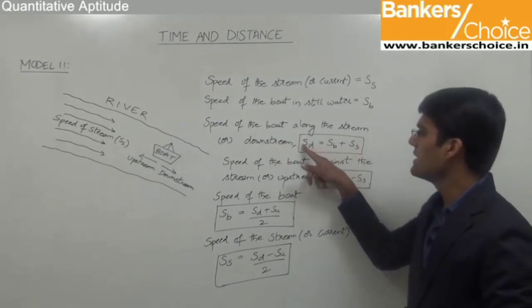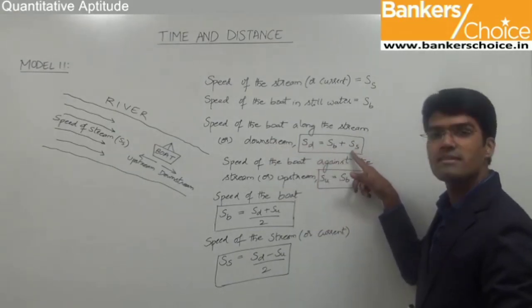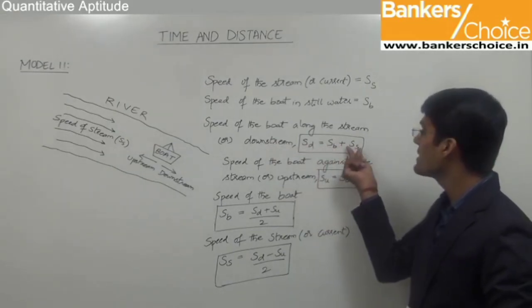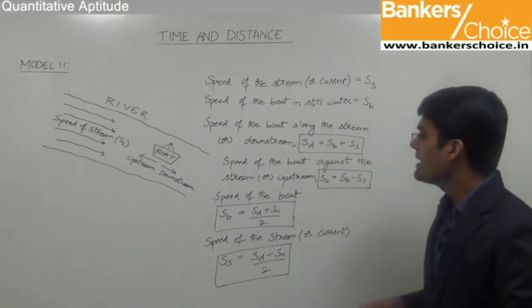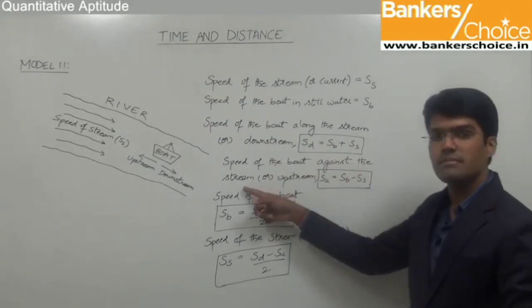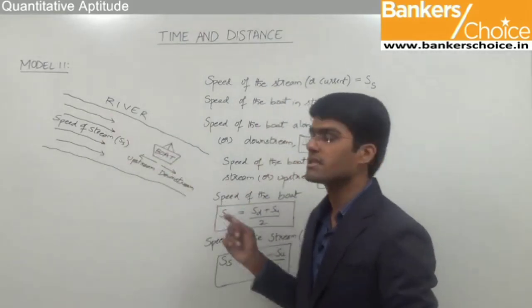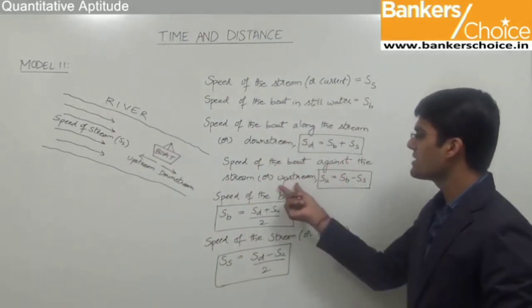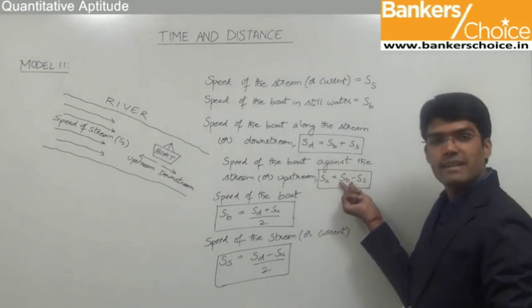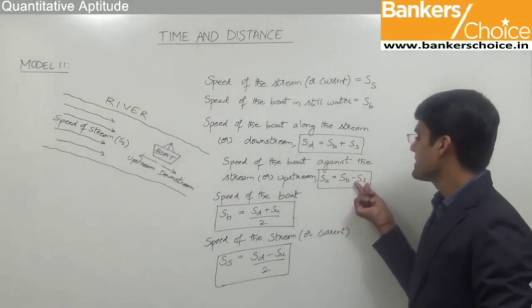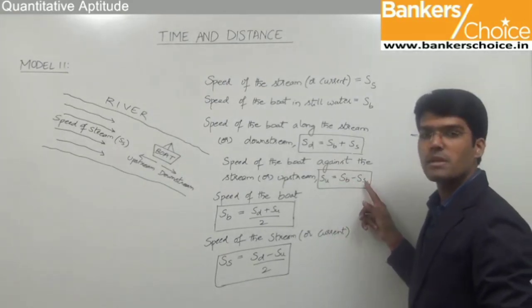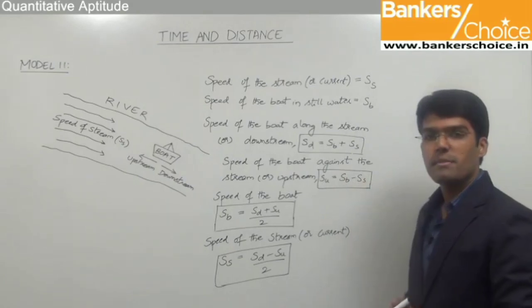So downstream speed SD is equal to SB plus SS. That is nothing but speed of the boat plus speed of the stream. And the speed of the boat against the stream, or upstream. When the boat is going against the stream, it is referred to as upstream. So speed of the boat upstream, that is SU, should be taken as SB minus SS. So speed of the boat minus speed of the stream will give the speed upstream.